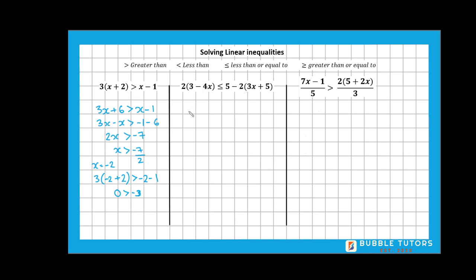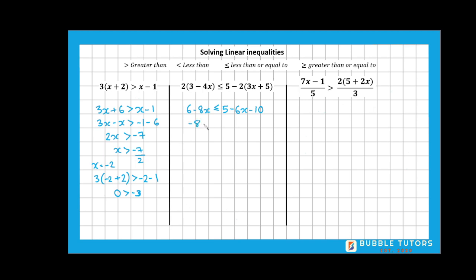So if we do 2 times 3, that's 6. 2 times minus 4x is minus 8x, which is less than or equal to, because we have that line here, so it's less than or equal to 5, and then we expand these brackets, so it's minus, because we've got a minus there, 2 times 3x, that's minus 6x, and then minus 2 times plus 5, that's minus 10. And then we bring all of the x terms on one side and all of the other terms on the other side. So let's just do that.